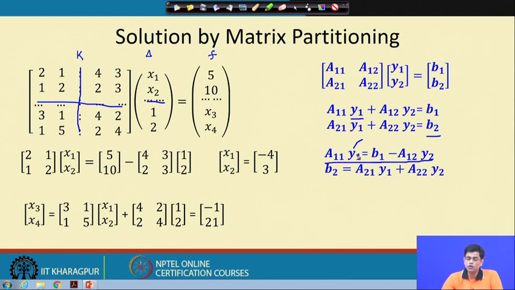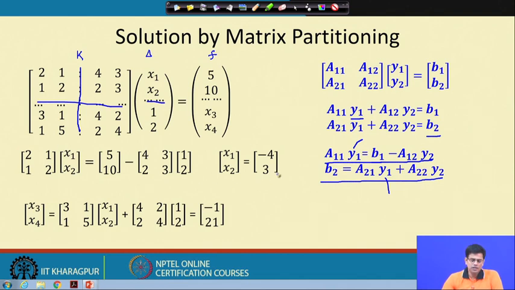Once we know Y1, that means we know the unknown displacements, and then we want to compute the unknown forces, which is B2. So, again A21 Y1, since we have found Y1, plus A22 Y2, and Y2 is known because it comes from the boundary condition of the problem. If we do this, we can find B2, the unknown forces.